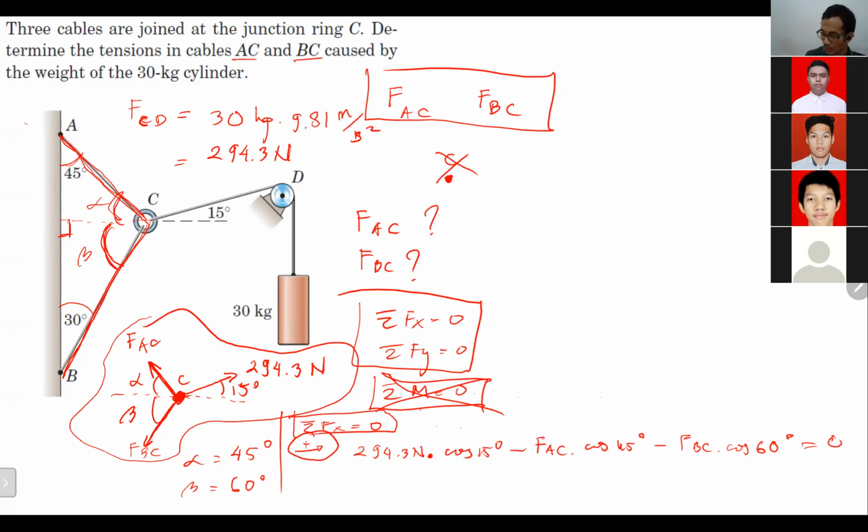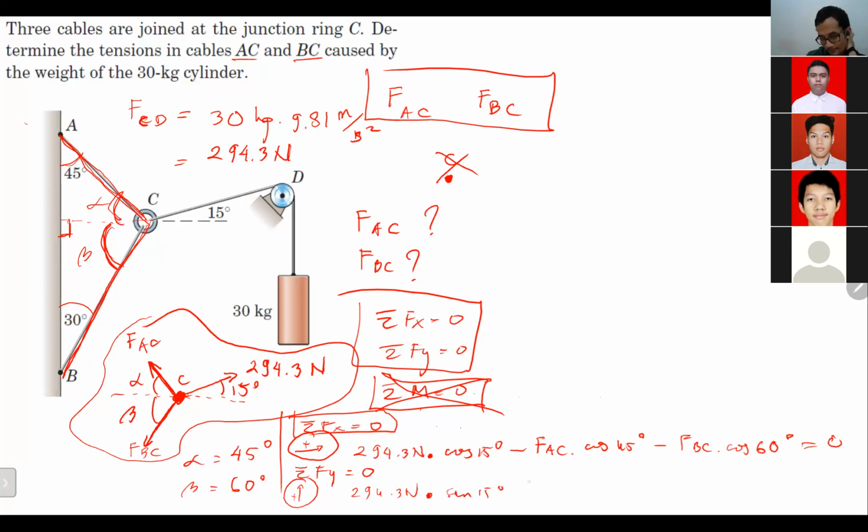Now the second one, sigma Fy equal to 0. All the vertical components. But before that, are you going up positive or going down positive? Up positive. Then what is the equation which represents sigma Fy? 294.3 sin 15 degrees.